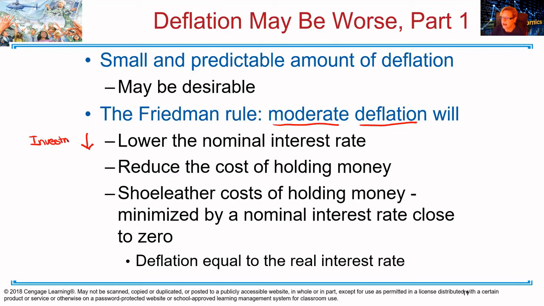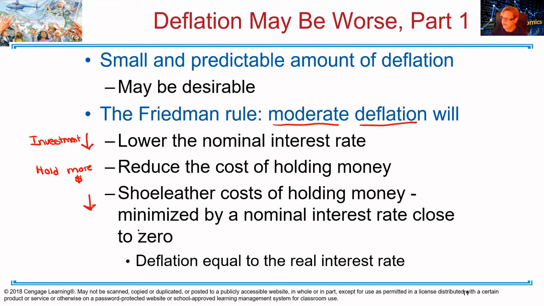So that doesn't sound too bad, right? It reduces the cost of holding money. That means more people might hold physical dollars because the dollar's not being ripped in half, so to speak. Also, shoe leather costs will decrease, because you can hold more money and that money is not being eroded.